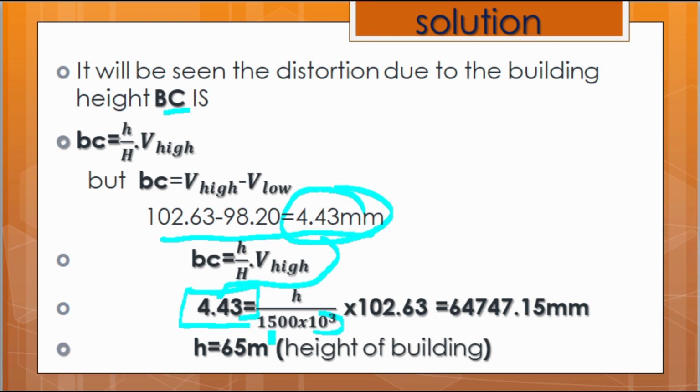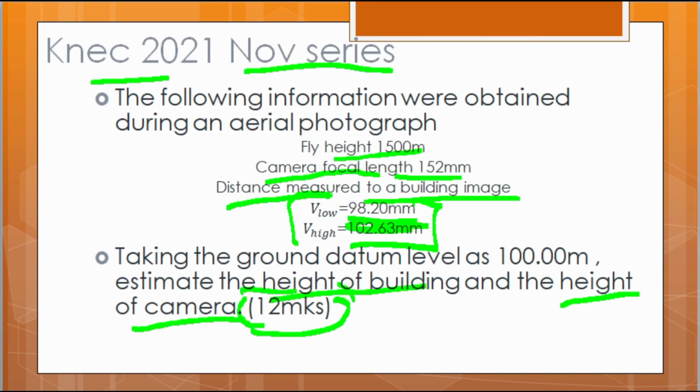So I need to change this back, converting these millimeters into meters, and I'll get a height of 65 meters. So that's the height of the building. By doing that, I'll have already answered my first question here: estimate the height of the building.